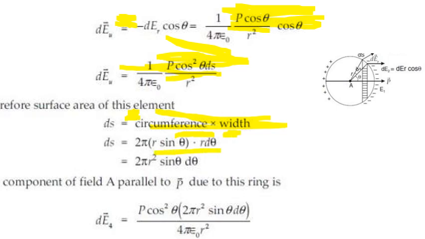So ds is equal to 2 pi r square sin theta d theta. Using this value of ds in the field, the answer will be P cos square theta 2 pi r square sin theta d theta upon 4 pi epsilon 0 r square.